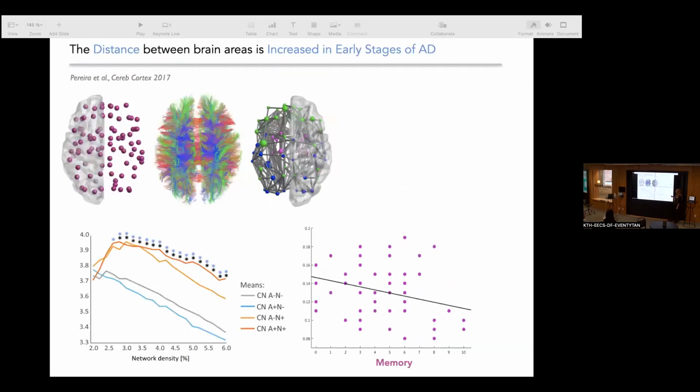So one thing that we found was that when it comes, for example, to the paths or the distance between brain areas, these seem to be really useful for detecting the earliest stages of the disease. And by earliest, I mean individuals who are completely cognitively normal.